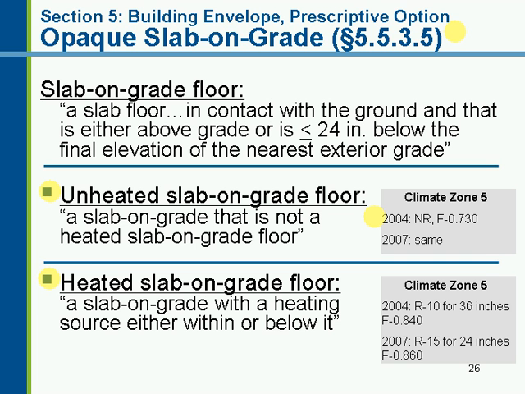For the heated slab-on-grade floor, for 2004, the requirement is R10 insulation for 36 inches deep. So this is perimeter insulation. It's not a requirement to insulate under the entire slab, so certainly that would be a good idea. I think if you can imagine you've got a floor slab that's heated to 80 degrees and half the heat's going up into the space, but the other half is going down into the ground.